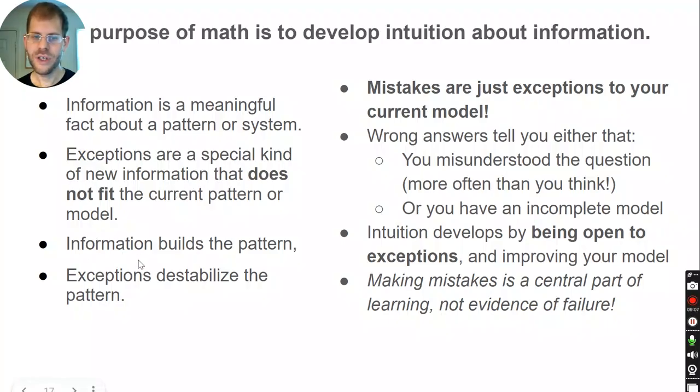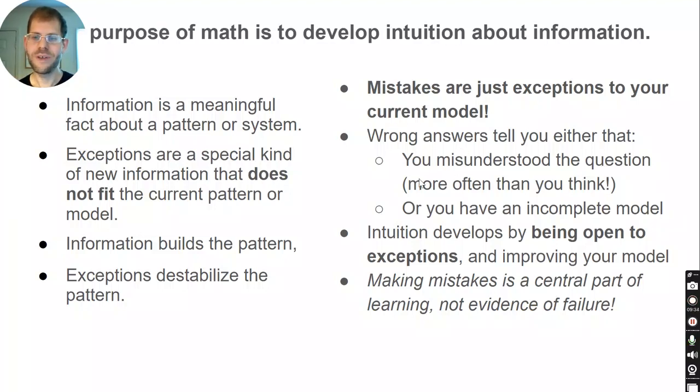So information is what builds the pattern, how you understand how the world works, and exceptions are what destabilize that pattern. The whole point is that mistakes are just exceptions to your current model. When you make a mistake in math, that's not a bad thing. It just means that you need to update your model.